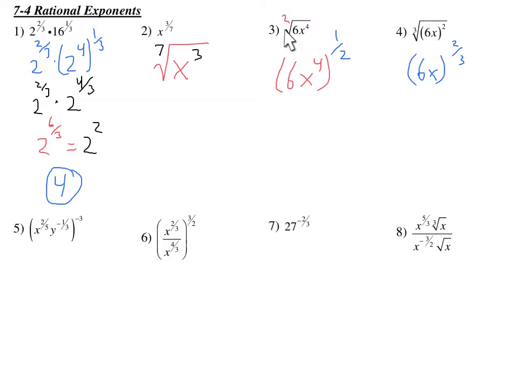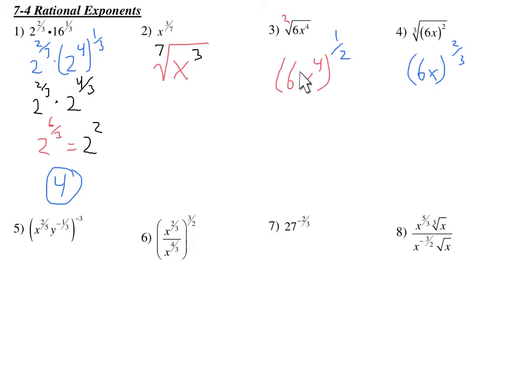The difference between these two problems is that the 4th was only on the x. Here, both pieces are squared. So we take the whole thing to that root and that numerator. Where here, this whole thing was not to a power, so it's a 1. So these are the two problems here. Be careful with the difference between these two. They can be a little confusing.